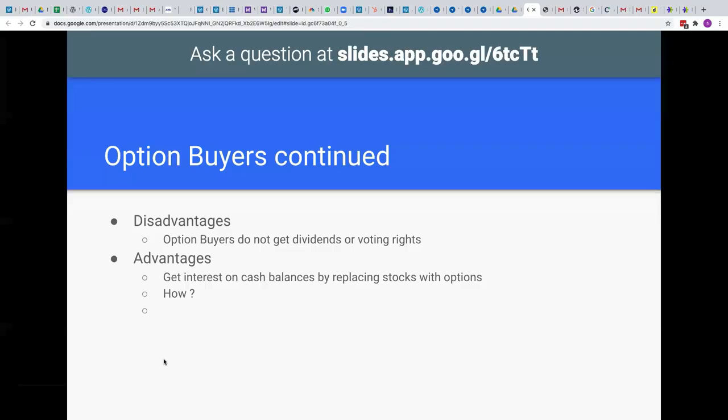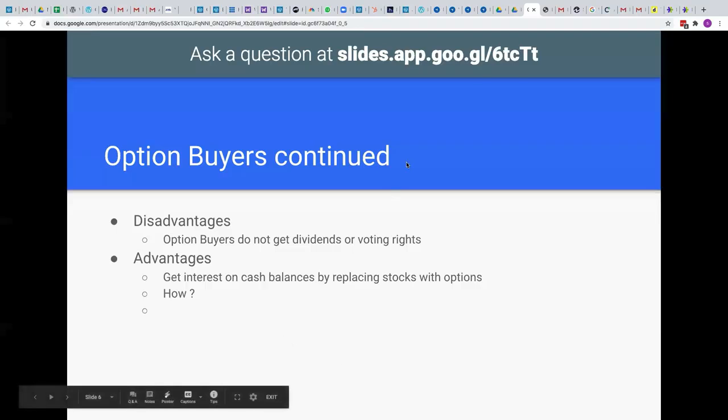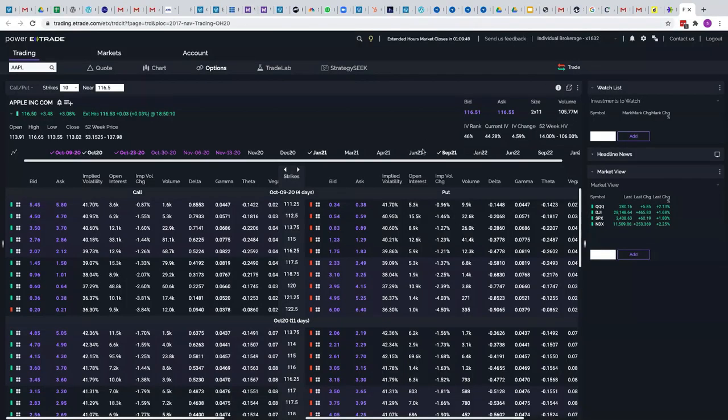Now think about it like this. If you want to buy, let's go back to our trading platform. Let's say today Apple is at 116.50, and if you have to buy 100 shares of Apple at 116.50, you have to shell out around $11,650.